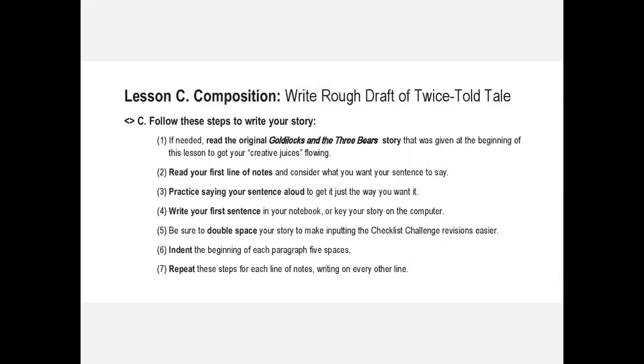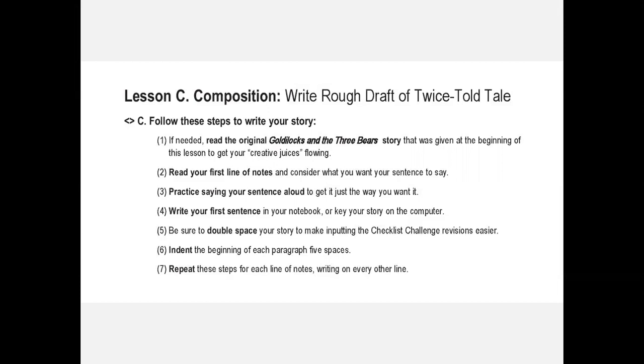All right, now I'm at lesson C, write the rough draft of the Twice Told Tale. So they have laid out their scenes. They've chosen their main Goldilocks and their 3 bear spinoffs. They have chosen their 3 obstacles, their 3 issues that they're going to come into for their main Goldilocks person.